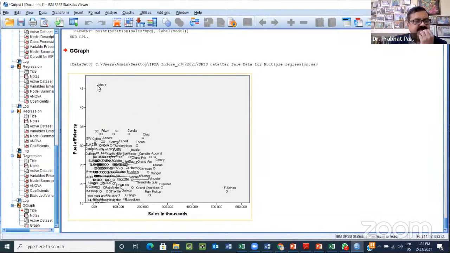The Metro is very high on fuel efficiency and low in sales, while the F series is very low on fuel efficiency but very high on sales. So we have these two extreme examples in the market, but the rest are clustering around the same area. These are probably the two outliers existing in my data set.